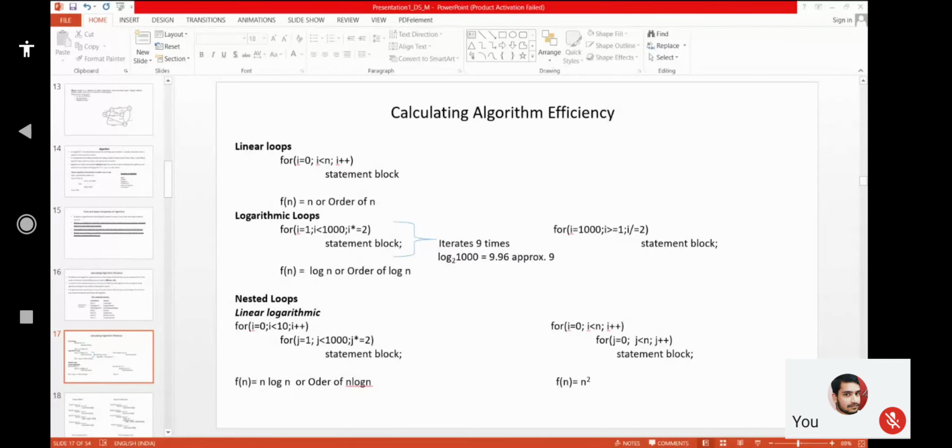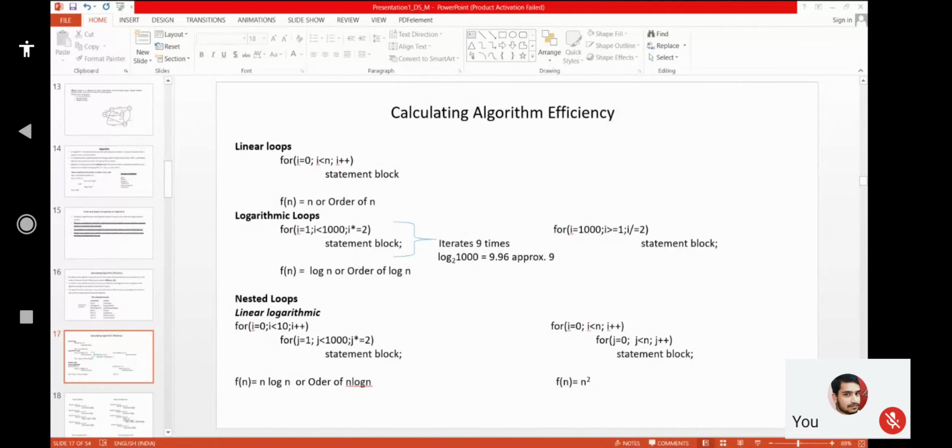So is it clear? Basically, our objective is to check how many times the statements will iterate. In case of linear time, maximum n times the statement will iterate. That's why this is order of n, or big O of n.